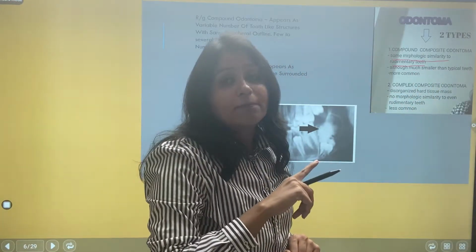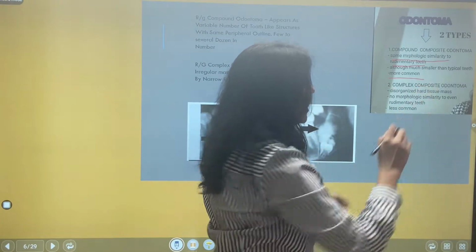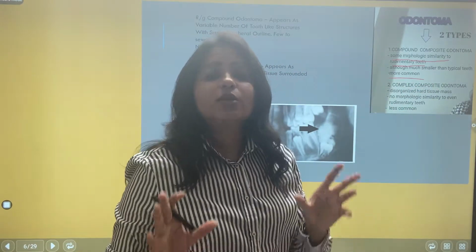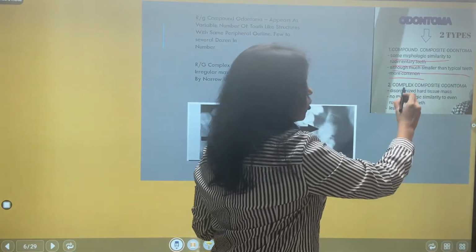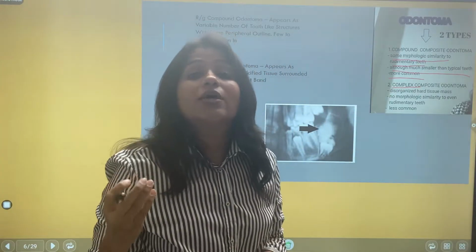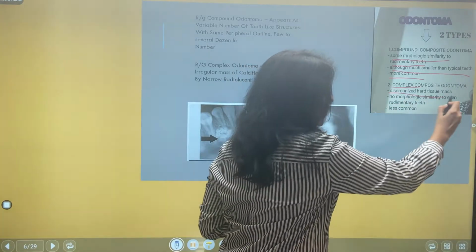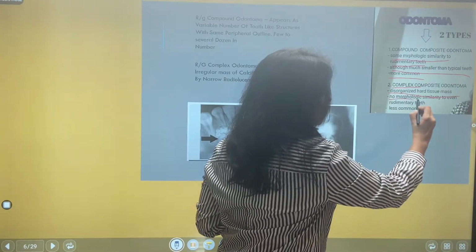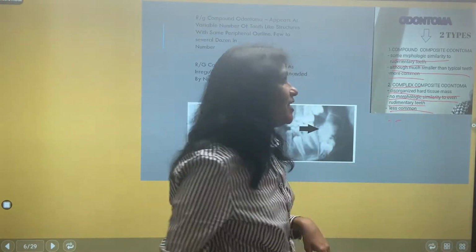These compound odontome are more common and they are much smaller than normal or typical teeth. Coming to complex odontome, it's a disorganized dental tissue mass. So disorganized hard tissue mass, no morphologic similarity to even rudimentary teeth, and it is less common.